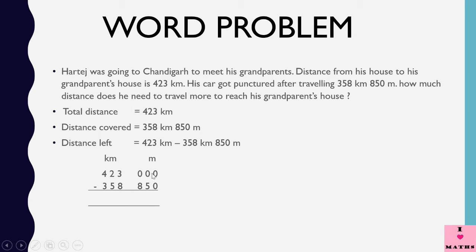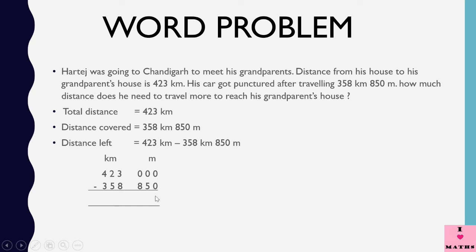So here it will become 1000. And it will become easy for us to subtract 850 meters from 1000 meters. So when we subtract 850 meters from 1000 meters, we will get 150 meters, right?